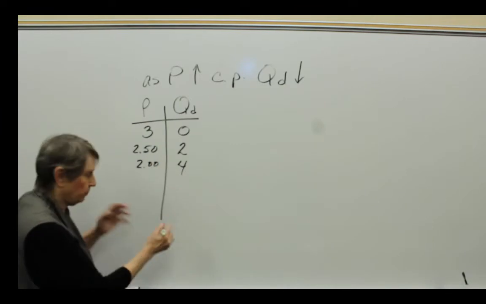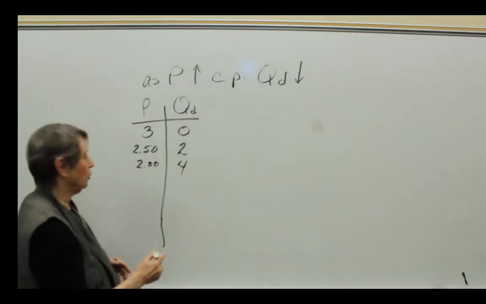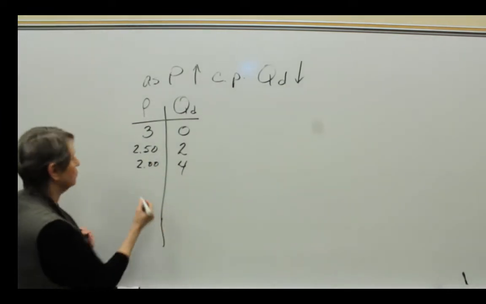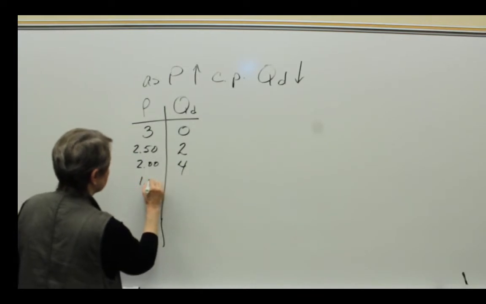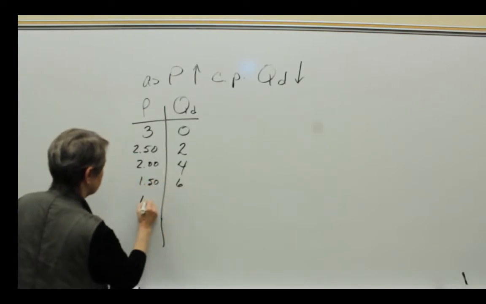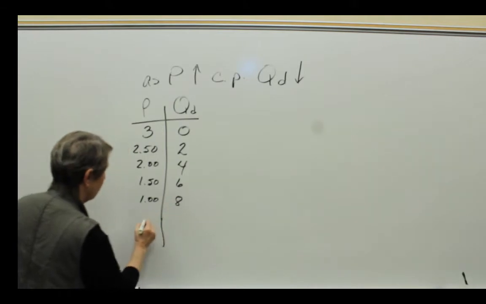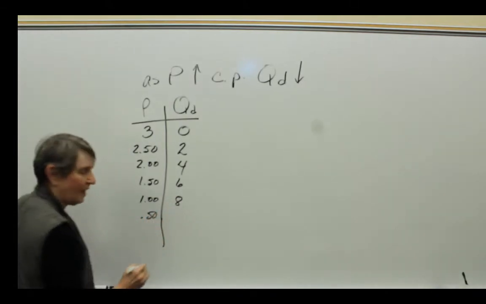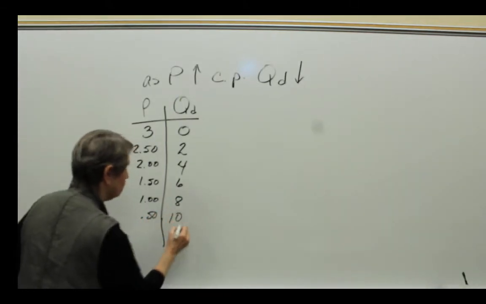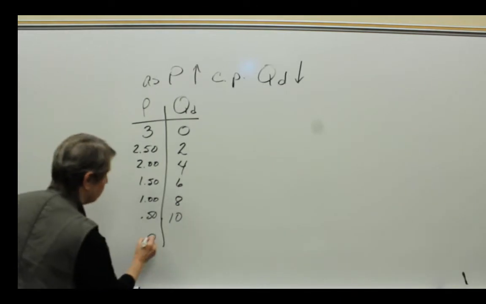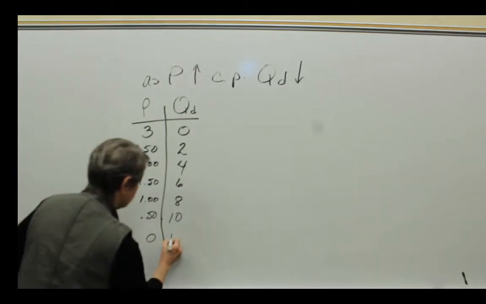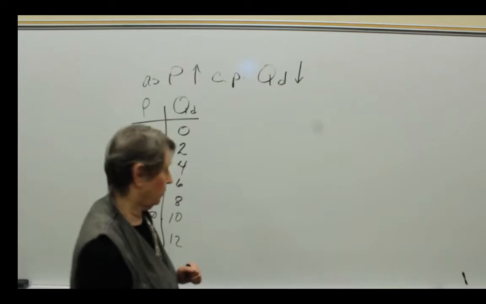Let's say at $1.50 we'd buy 6, at $1 we'd buy 8. At 50 cents a cone, we'd buy 10 cones per week, and if we were giving them away, if the price were 0, we'd eat 12 a week.